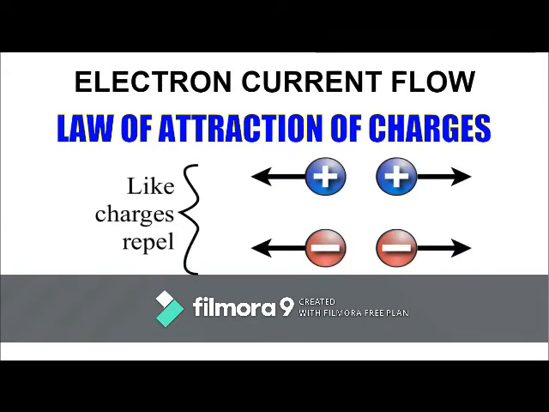If you pair a positive charge with another positive charge, they would tend to repel or go against each other. The same goes with two negative charges. However, I want you to focus on the second one, wherein opposite charges attract. When a positive charge is paired with a negative charge, they would tend to attract each other.